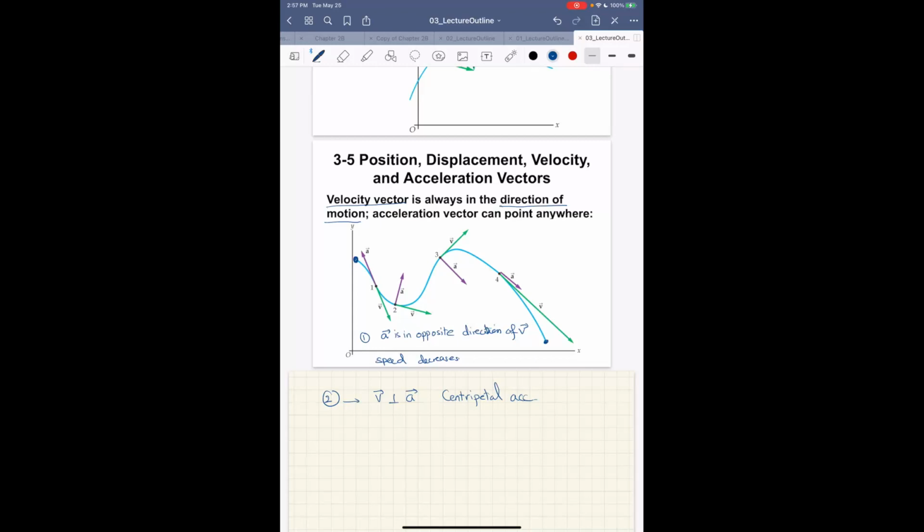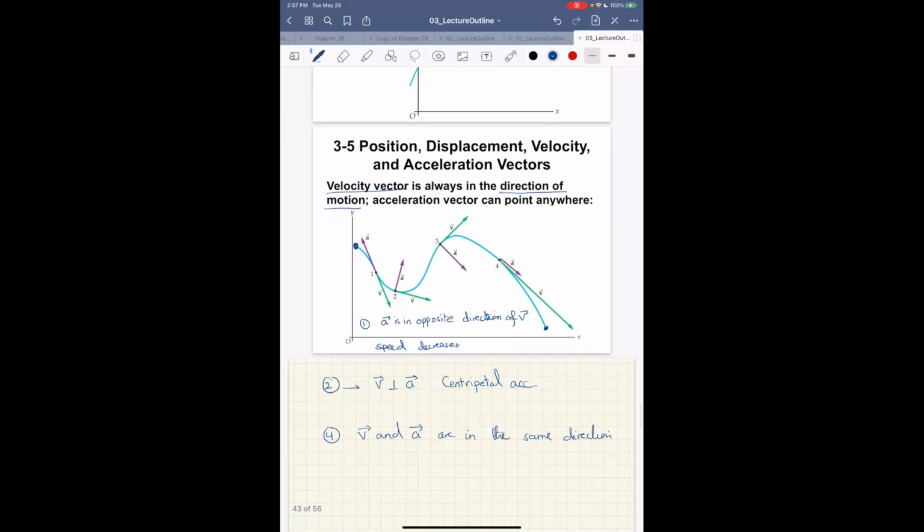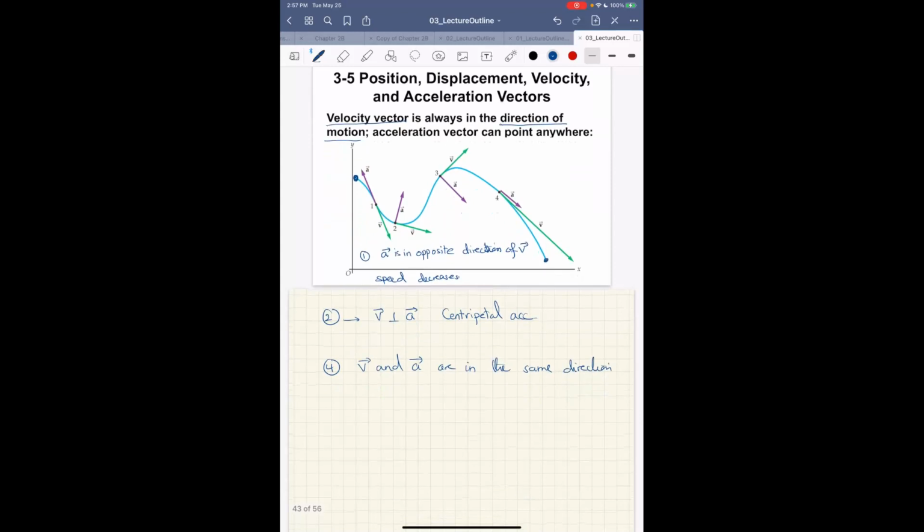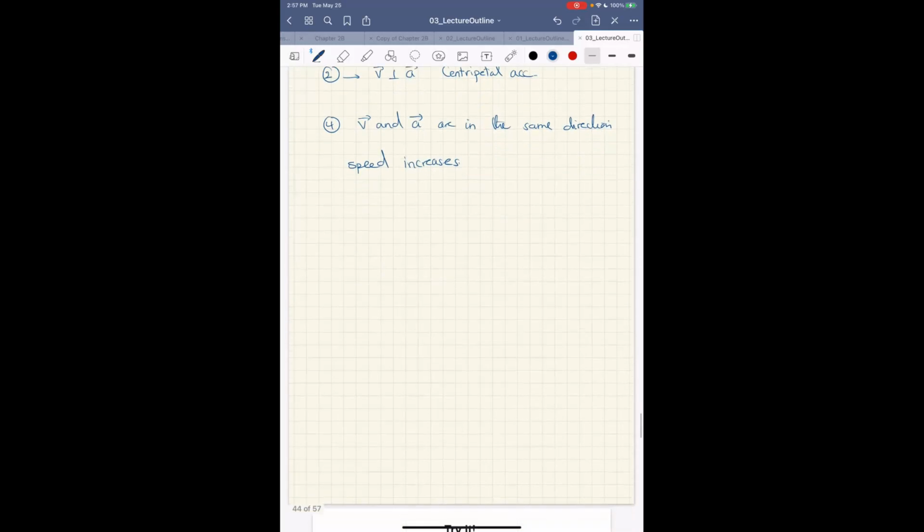At 3 it's the same, but at the last one, number 4, velocity and acceleration are in the same direction, which means the speed increases.